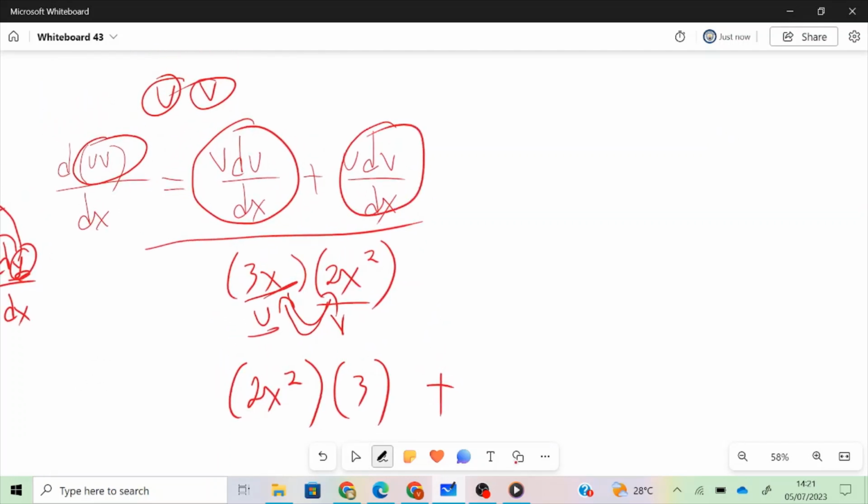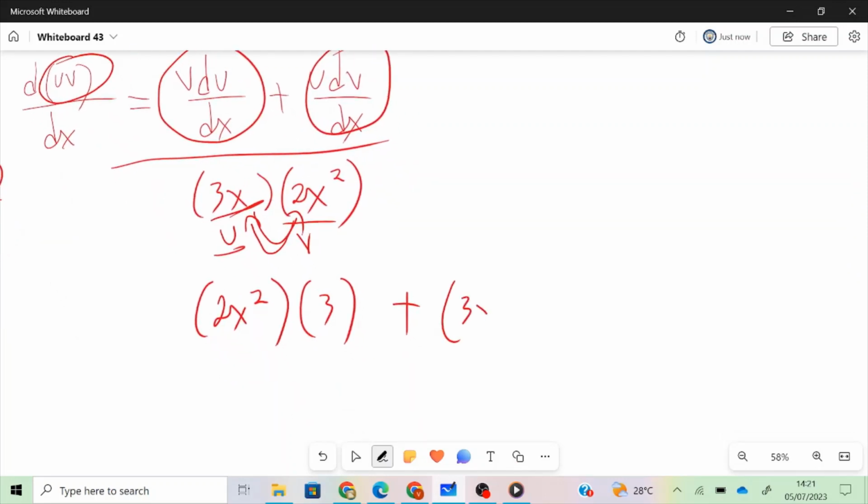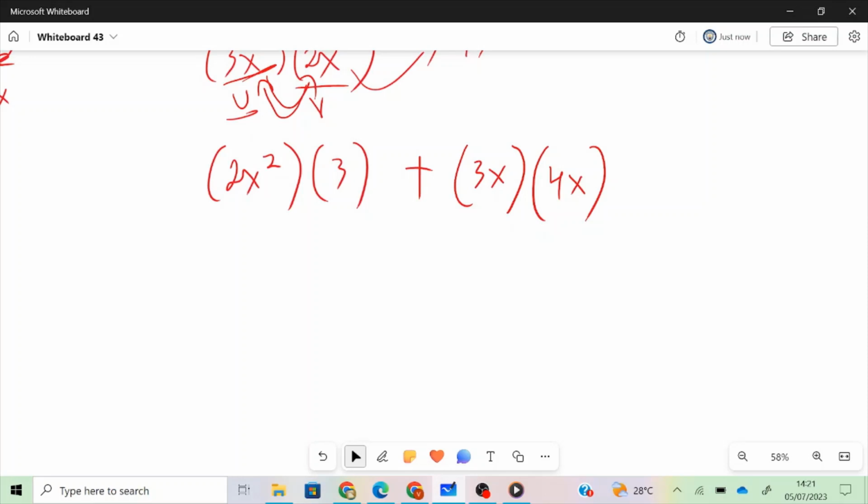That means our u, which is 3x, so plus 3x, into dv/dx, the derivative of 2x squared, which is 4x. Now you can simply open the brackets and simplify. On the left we have 6x squared, on the right we have 12x squared, and all of this gives you 18x squared.